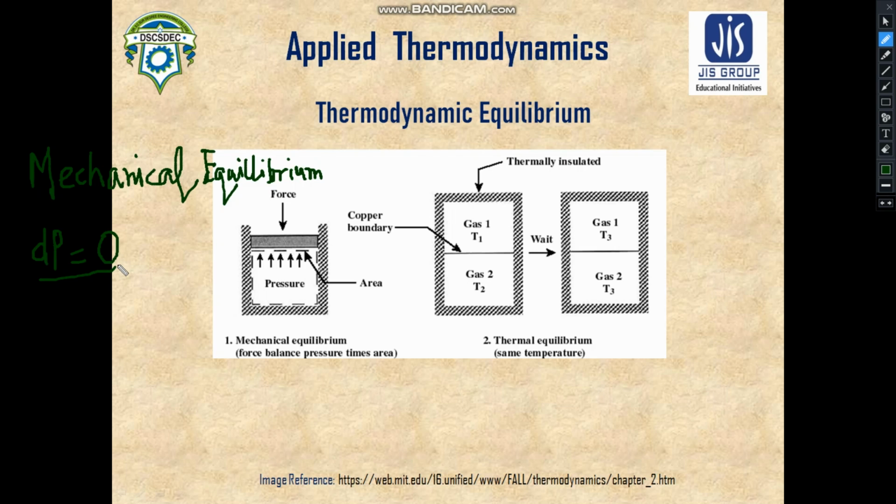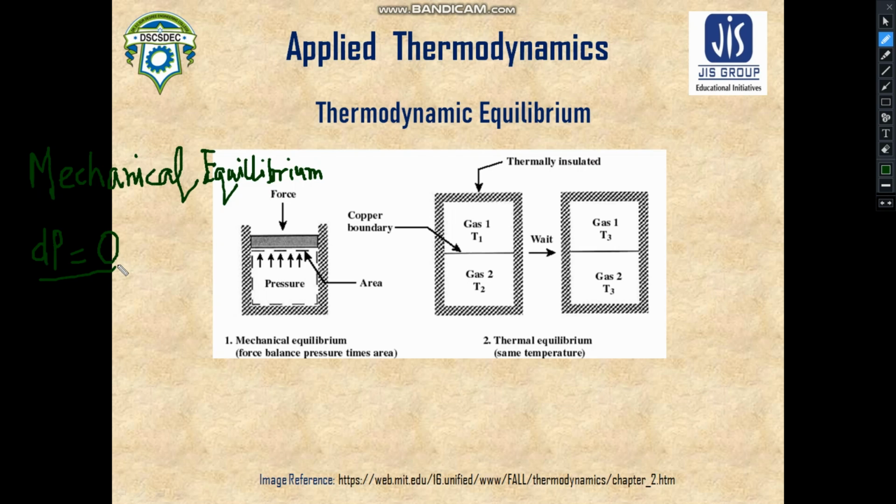Okay, so if the properties within the system itself and the properties of the system and the surroundings are in mechanical equilibrium, that means no work can be extracted. So mechanical equilibrium condition means there is no chance of extracting work from the system.